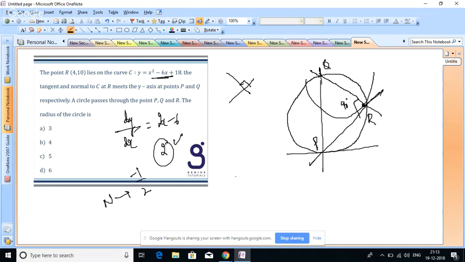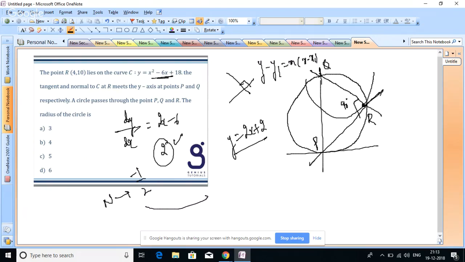The equation of the tangent will be y is equal to 2x plus 2, found using y minus y1 equals slope into (x minus x1). Similarly, the equation of the normal will be 2y plus x is equal to 24.